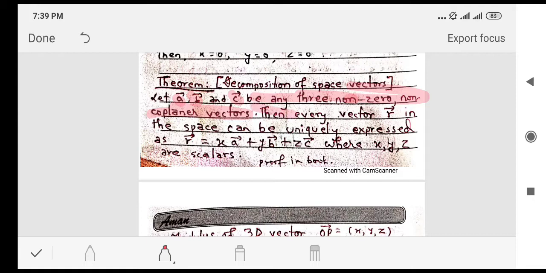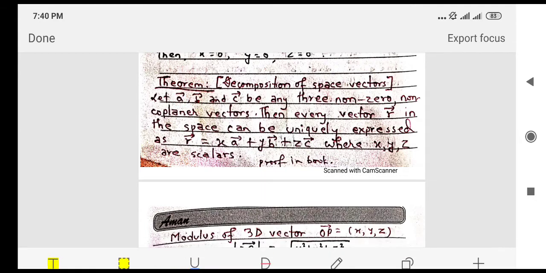Then every vector r in the space can be uniquely expressed as vector r equal to x vector A plus y vector B plus z vector C, because it is three-dimensional, where x, y and z are scalars. In two-dimensional we have already proved this, and now in three-dimensional we have to prove this one. Its proof is the same as the previous one, and you can see it yourself from the book. It is not so hard.